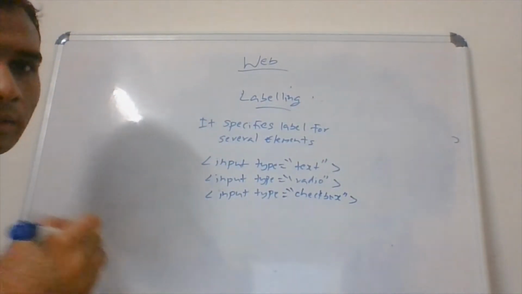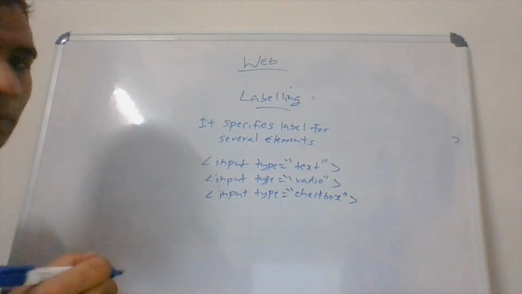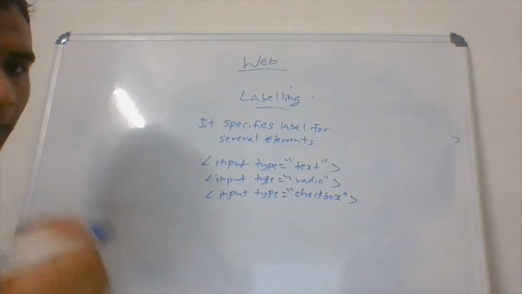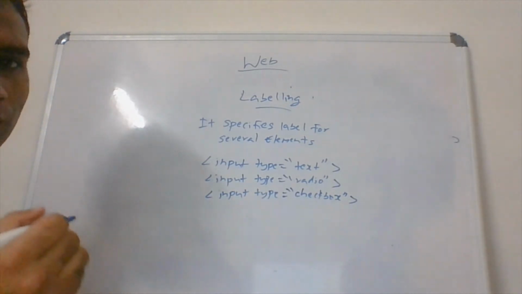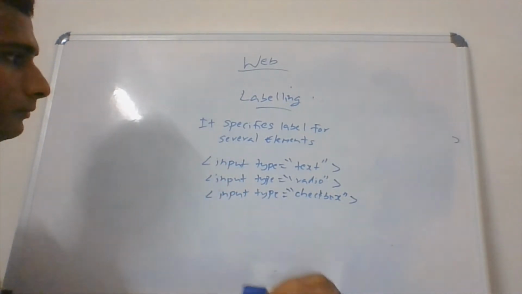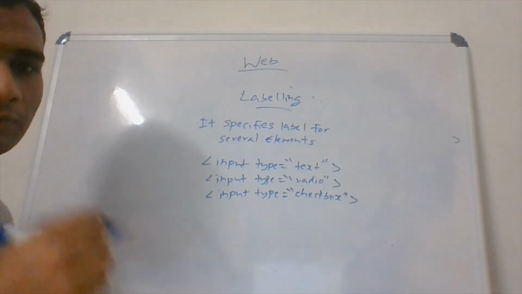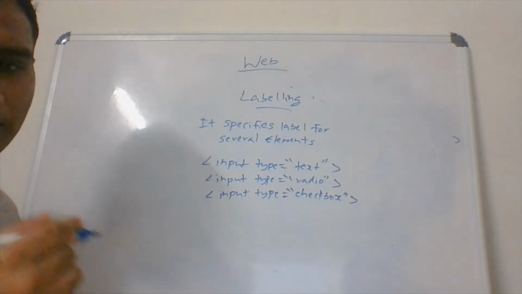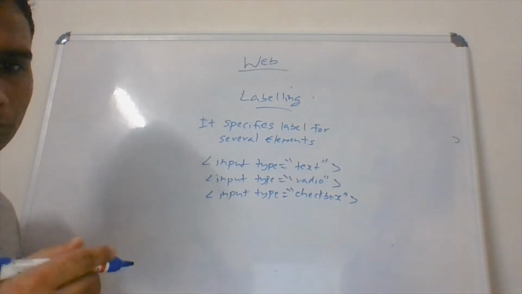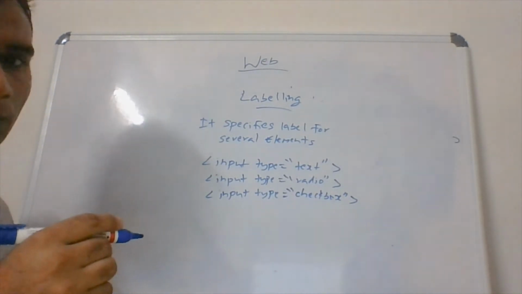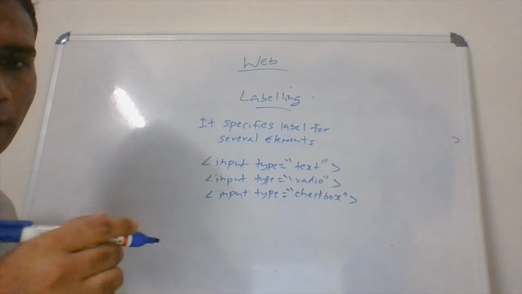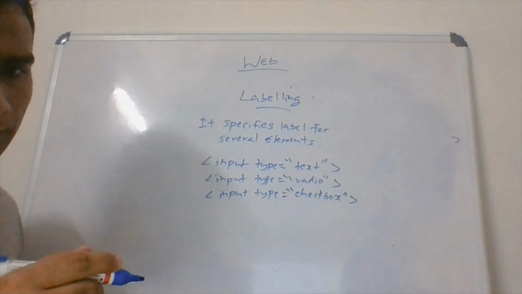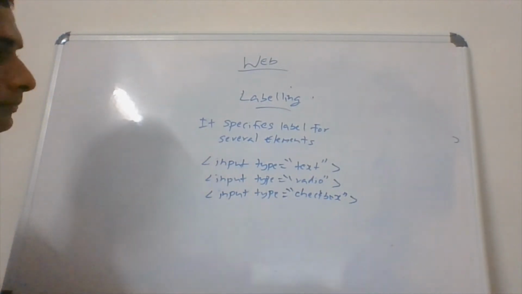So labeling specifies a label for several elements like input type equal text, radio buttons or checkbox, etc. Okay. The important criteria is that the for attribute of the label must be equal to the ID attribute of the related element to bind them together. Now let us see an example.